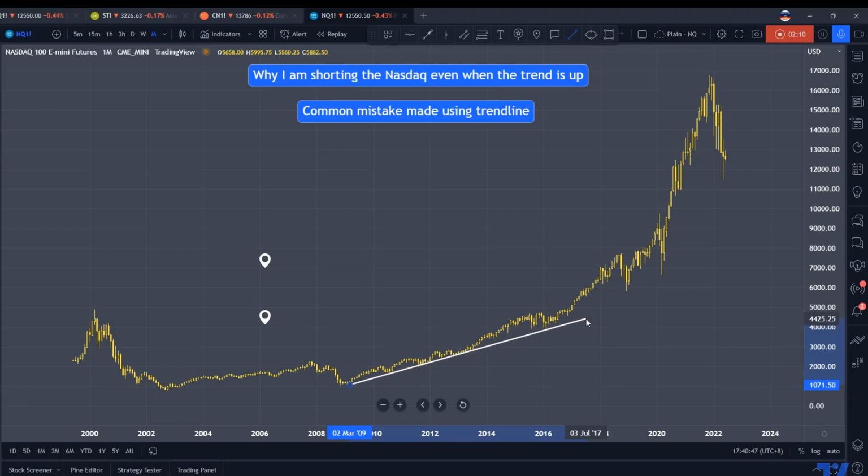As I move along this trend line, even up here, I try to find the best fit. It seems like this is pretty good to me, and I'll just stop it here. This became the primary uptrend line for NASDAQ on the monthly chart.